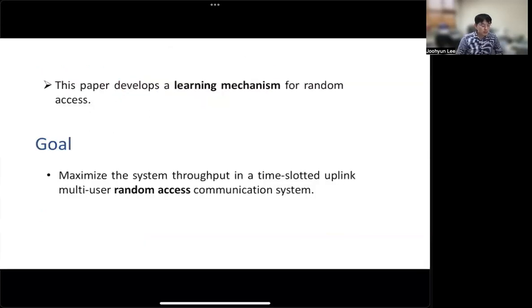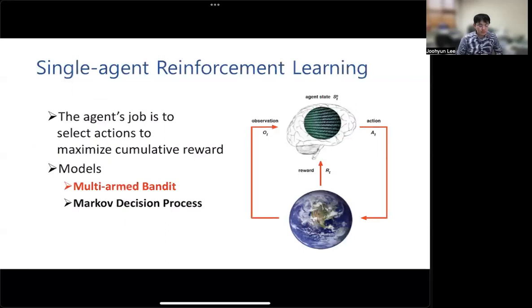So the goal of this paper is to develop a learning mechanism, essentially a reinforcement learning mechanism, for a random access game. We want to maximize the system throughput or efficiency in a time-slotted uplink multi-user random access communication system. So we want to apply reinforcement learning.